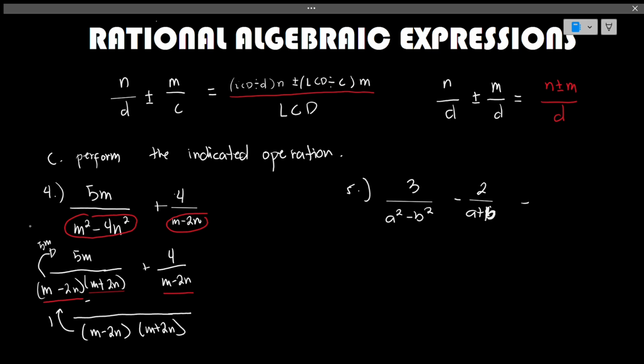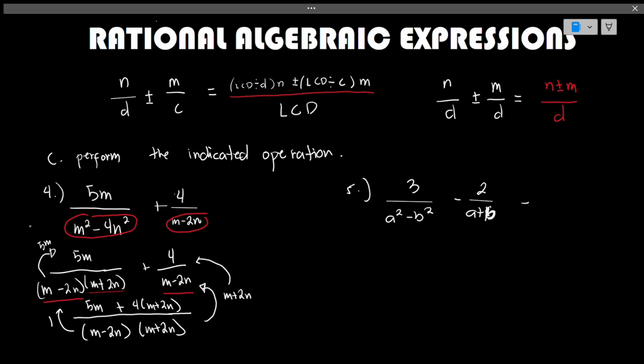So we have 5m here. Plus, same process, the LCD divided by the denominator, we can cancel m minus 2n, so we'll have m plus 2n. Then multiply to your numerator, it will give us 4 times m plus 2n.